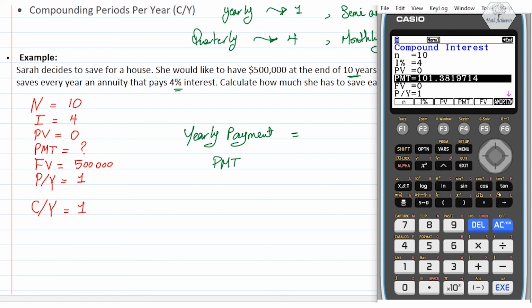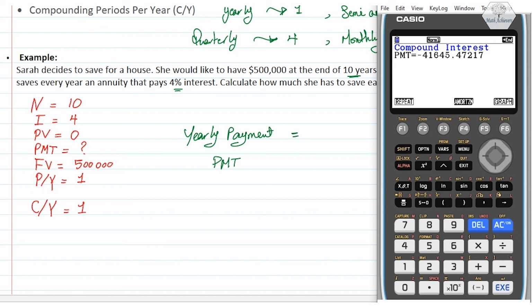The payment, we don't know the payment. We keep it. The future value is 500,000. And the payments per year is 1. And the compounding periods per year is equal to 1. Now, if I want to find the PMT, I simply press on the PMT, which is F4, which is the payment. So we press F4.